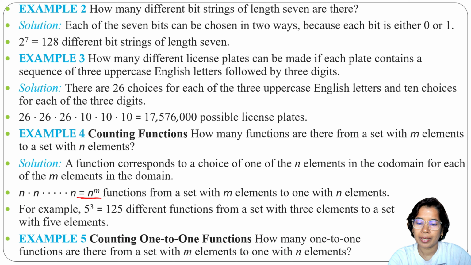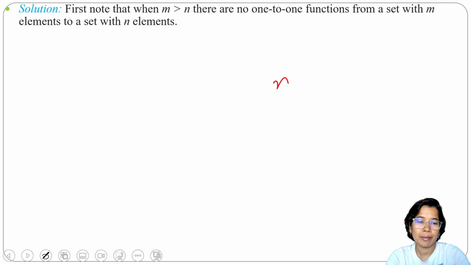Next, example 5. Counting one-to-one functions. How many one-to-one functions are there from a set with m elements to one with n elements? First of all, for a one-to-one function, m cannot be greater than n. So only if m is less than or equal to n are one-to-one functions possible.